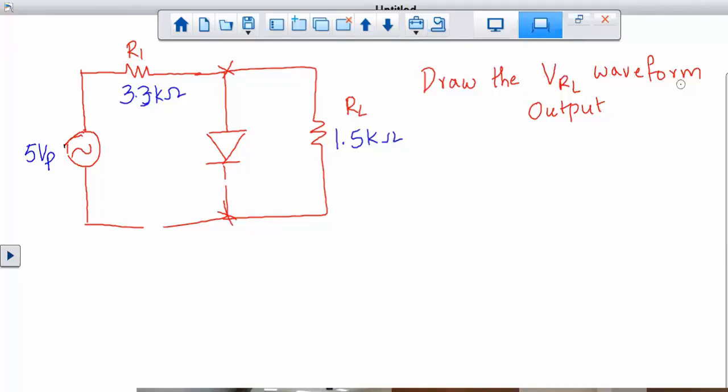When you're talking about the positive cycle, the top would be positive. When you're talking about the negative cycle, then the top would be negative. You're talking about the source.